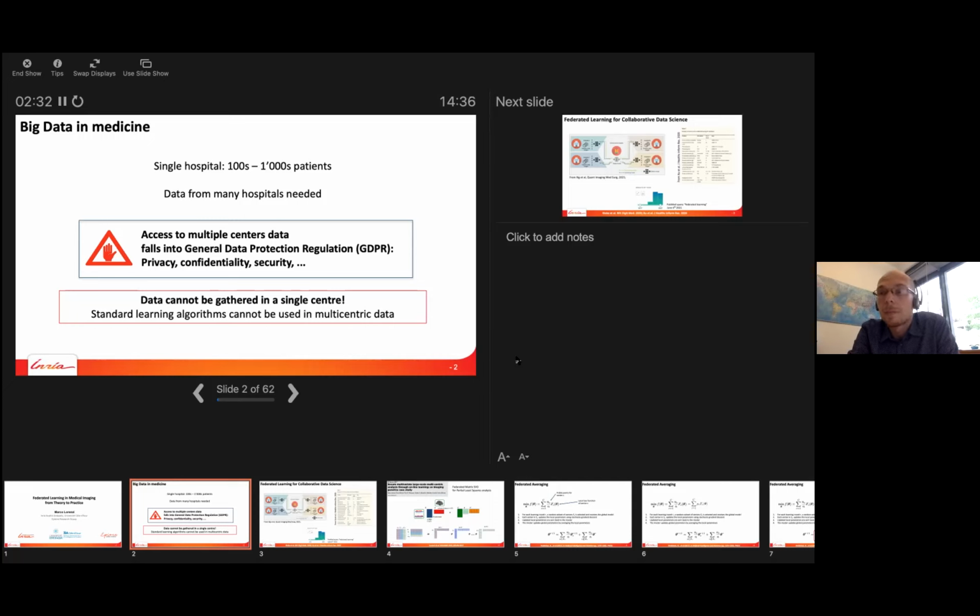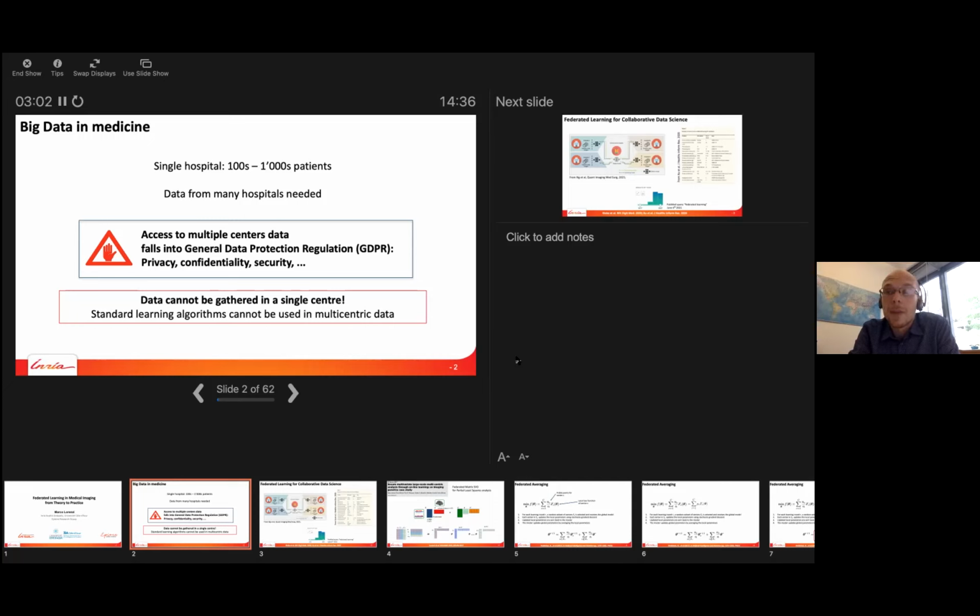So what is the paradigm? If you want to gather enough samples for doing your research, you need to ask people to either give access to their dataset or send you the data. This has been the working paradigm since forever. But it's becoming more and more complicated because you need to gather a larger and larger data set, simply because the methods that we are now using are really data hungry.